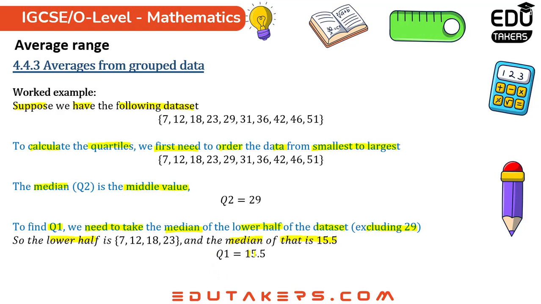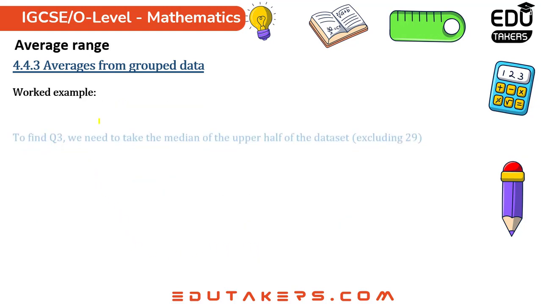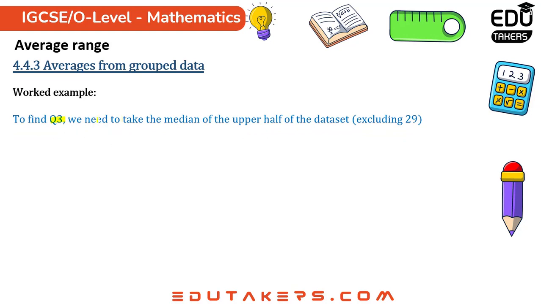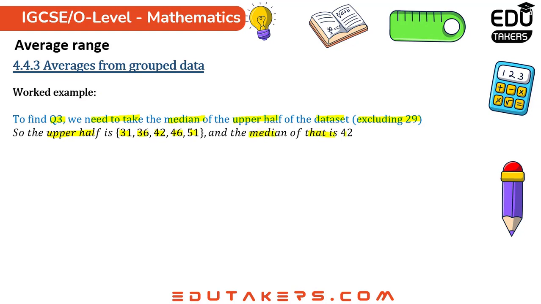So Q1 is 15.5. To find Q3, we need to take the median of the upper half of the dataset excluding 29. So the upper half is 31, 36, 42, 46, 51, and the median of that is 42.